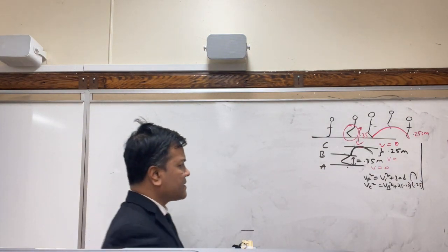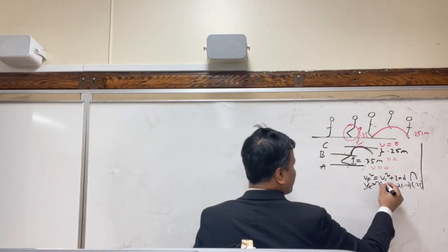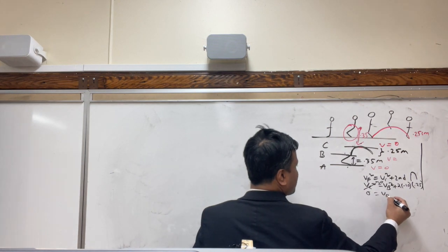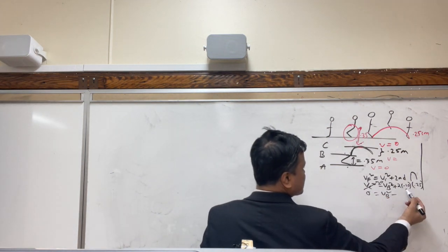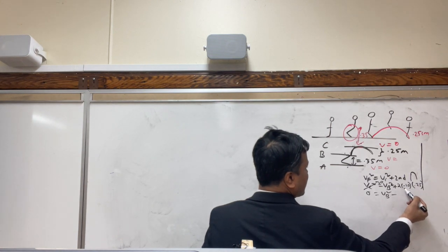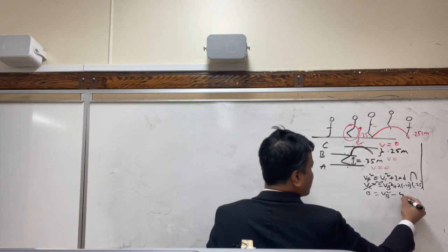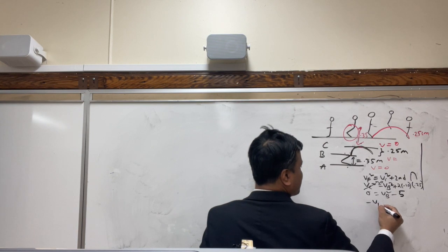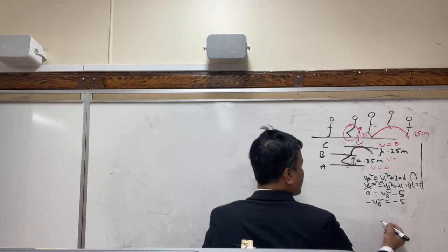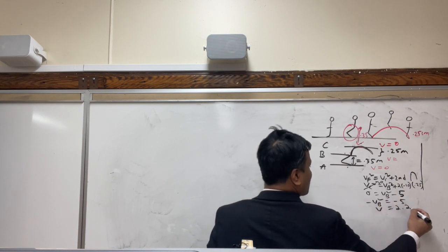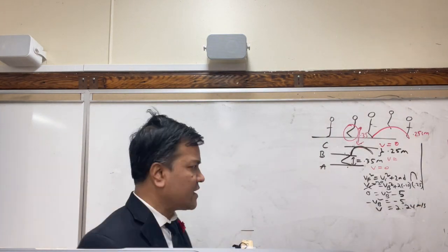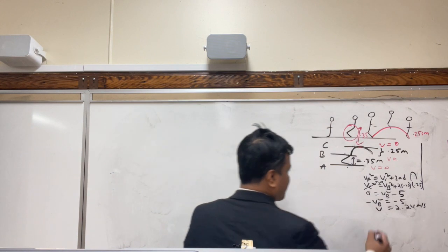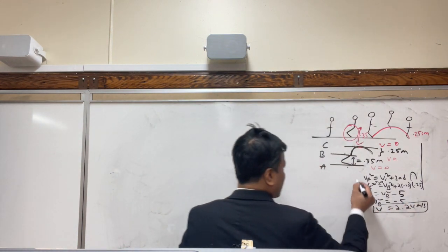All right, so VC is 0, and so 0 is equal to VB squared minus 5, so VB squared is equal to 5. So V is 2.24 meters per second. So that's the launching velocity. During the launch, that was the velocity.